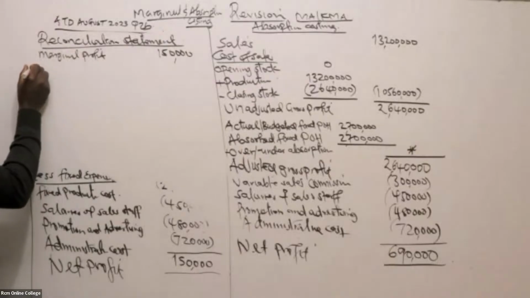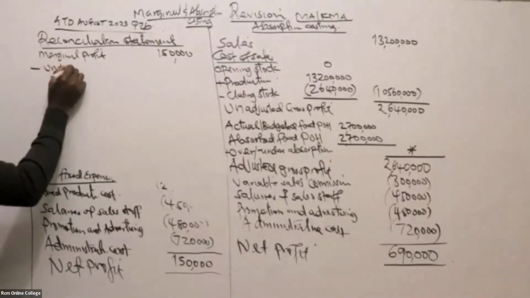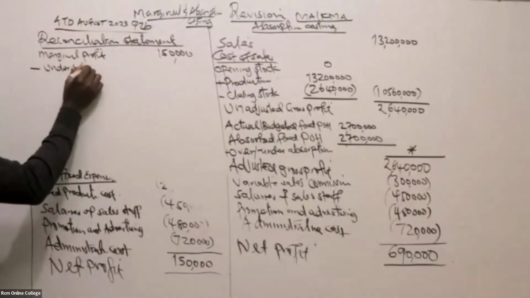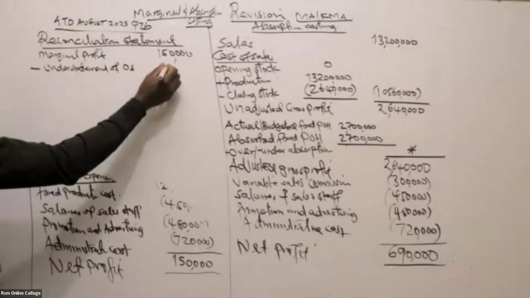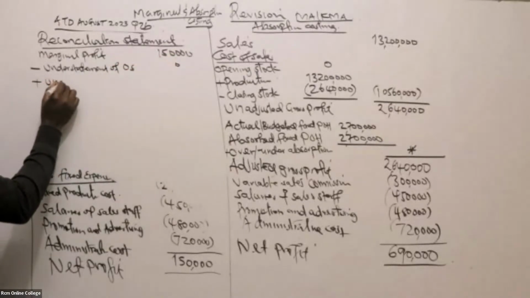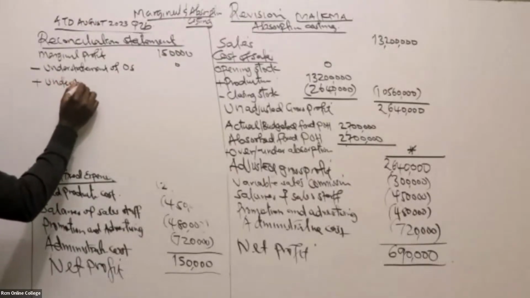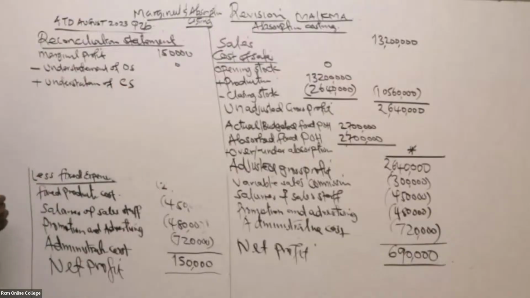Then less understatement of opening stock, which we are not having. Then add understatement of closing stock.